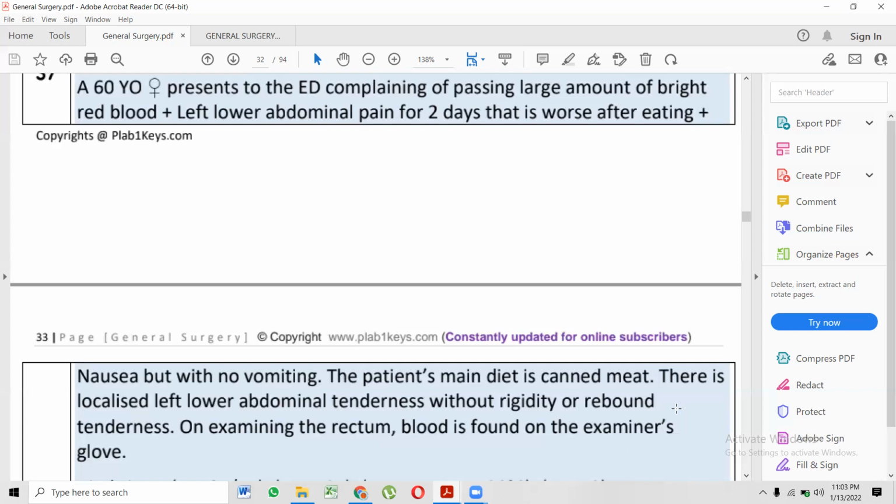Diverticulosis. If it is related to infection or temperature, then it could be diverticulitis. Yes, it can be a bleeding diverticulitis.